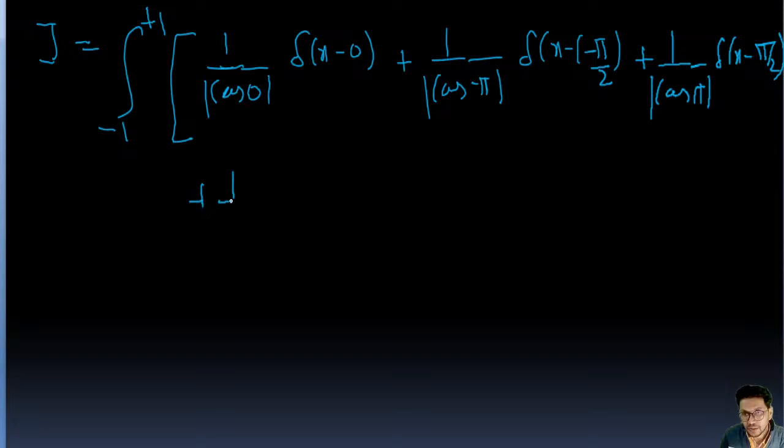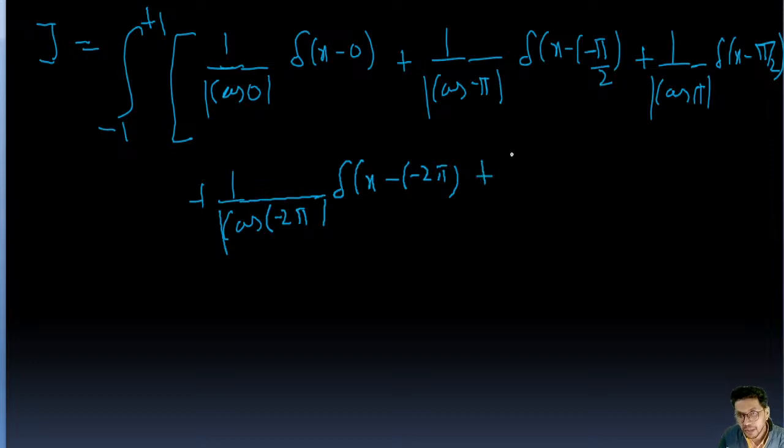Okay, next, n equal to minus 2 we'll take. This is going to be cos of minus 2 pi mod and delta x minus 2 pi.